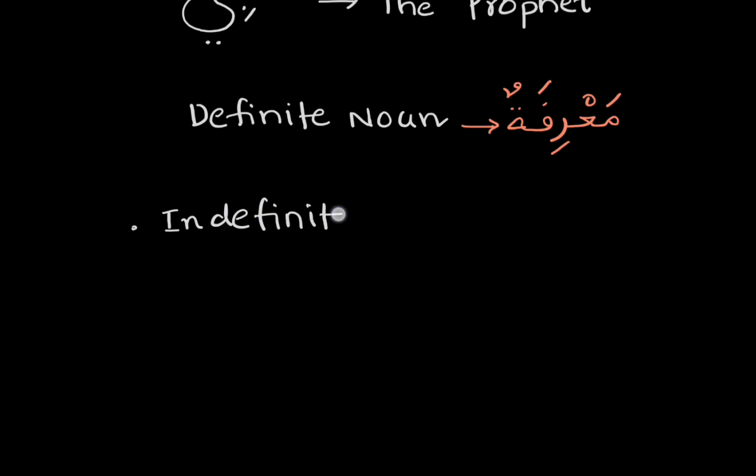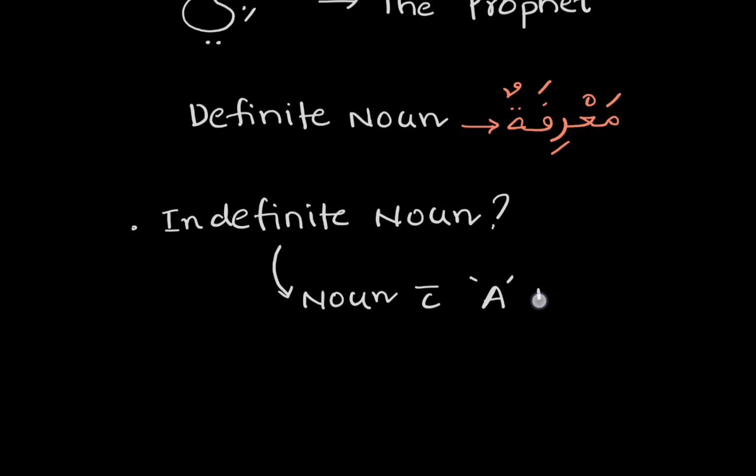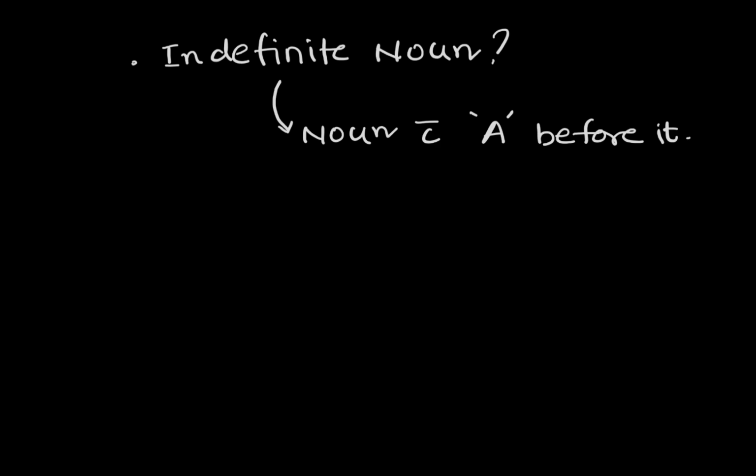Now coming to what are indefinite nouns. So what are indefinite nouns? An indefinite noun is a noun with "a" before it. How are these indefinite nouns identified?